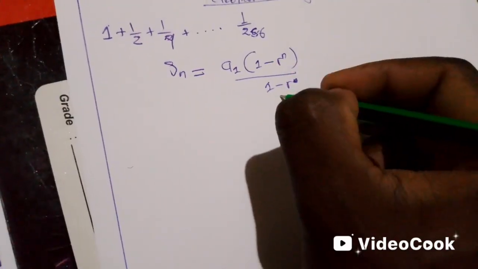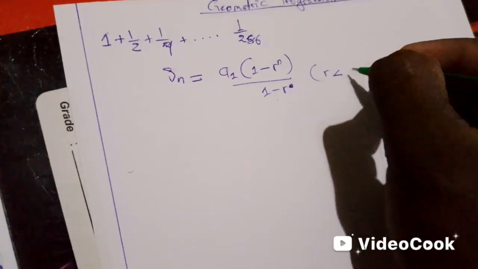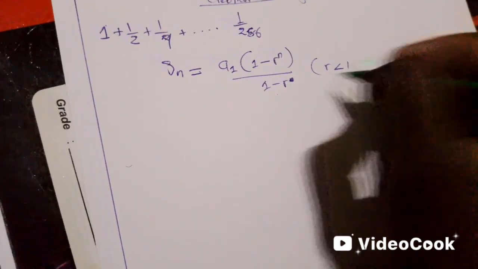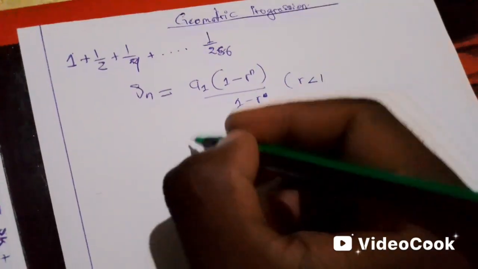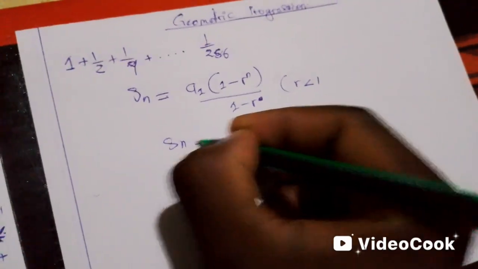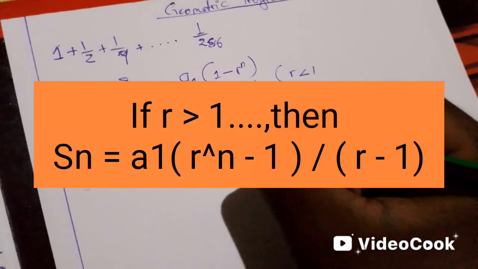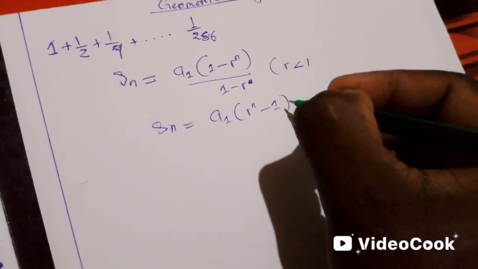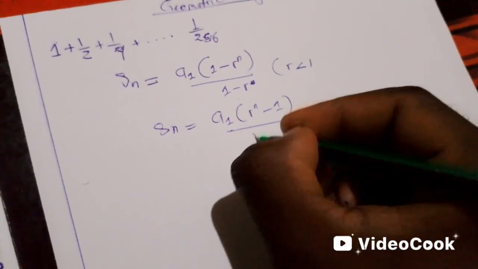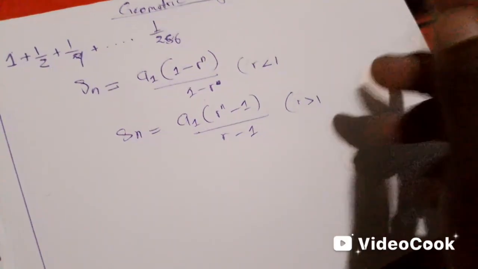This formula will be used if our r is less than 1. Another one can be used: the sum of the nth term is equal to the first term times open bracket r to the power n minus 1, all over r minus 1, when r is greater than 1.